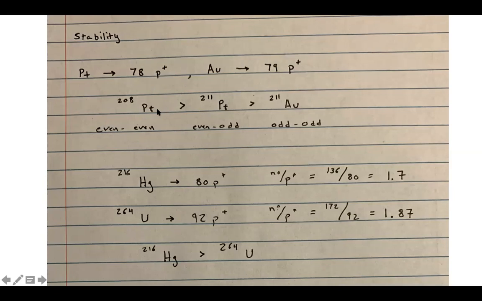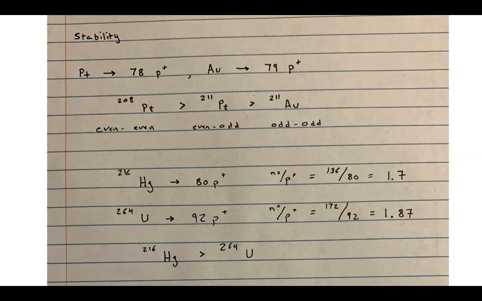And so what I wanted you to do for this first one, and again, I apologize for the mistake, is look at the trend of even-even, even-odd, and odd-odd. What that's referencing is the number of protons and neutrons that you have, right? If you have an even number of protons and an even number of neutrons, there's a high chance that that nucleus is relatively stable.